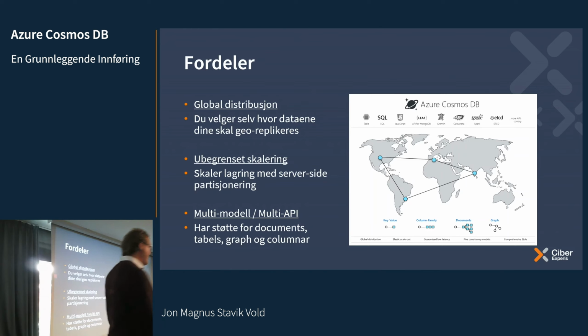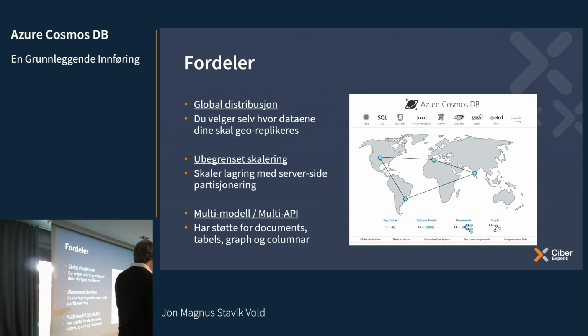And some of the pros or benefits: it has global distribution. You choose yourself where you want the data to be geo-replicated. It's unlimited scaling. You can scale storage with server-side partitioning, and it has multi-model, multi-API, and it has support for documents, tables, graph, and columnar.